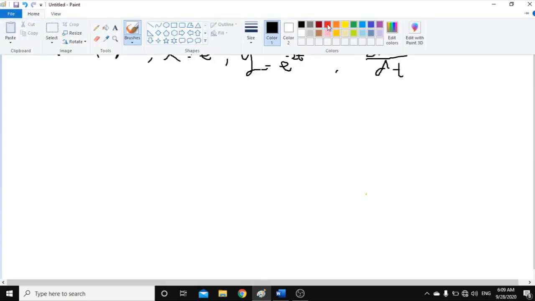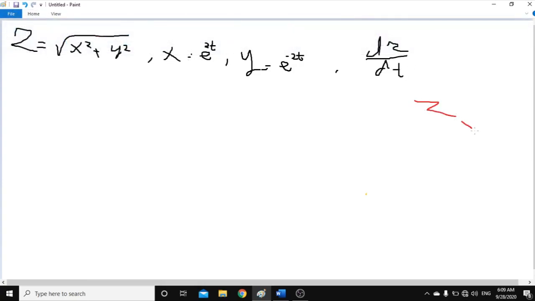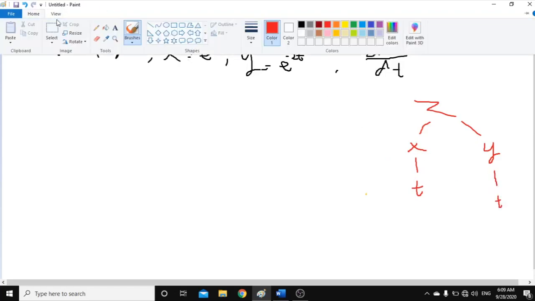So from this diagram, we understand that z consists of x and y, and the variable x consists of t and y also has a t. So x has a t and y also has a t variable.